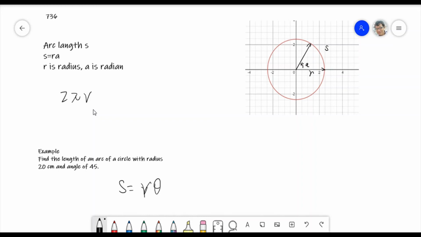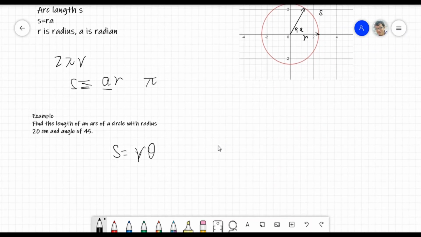If your radian is only a, then of course your arc length is a times r, right? A is definitely expressed in terms of pi. Am I right? Okay, let's pass on this.